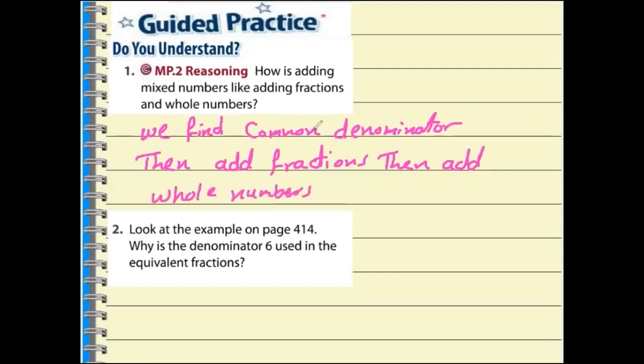So in both adding fractions and adding mixed numbers or whole numbers, we need to find the common denominator first, then we add. I think it's easy.